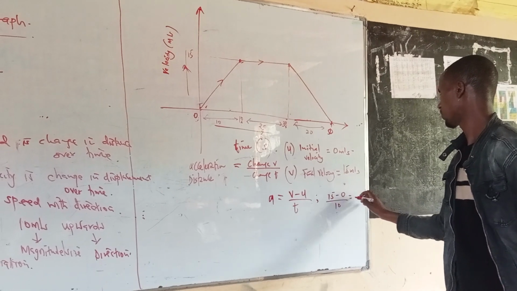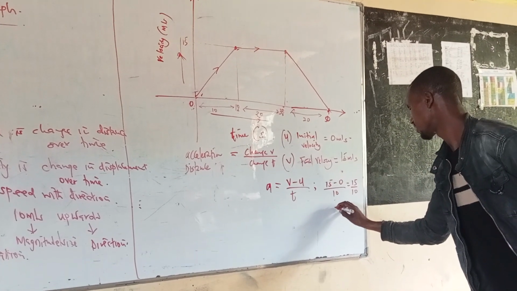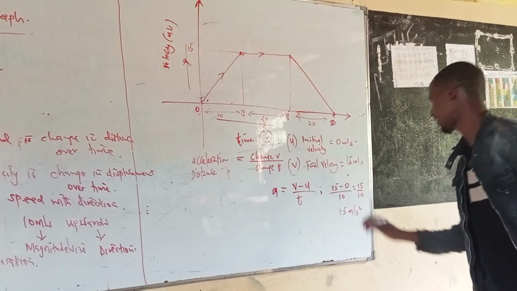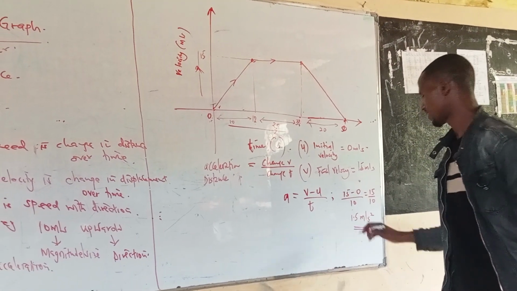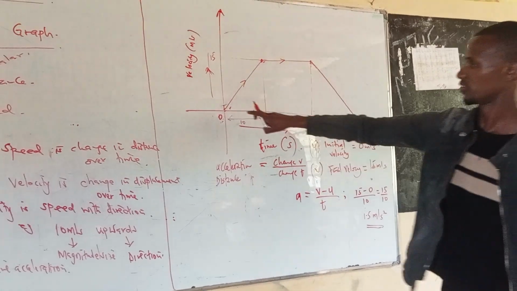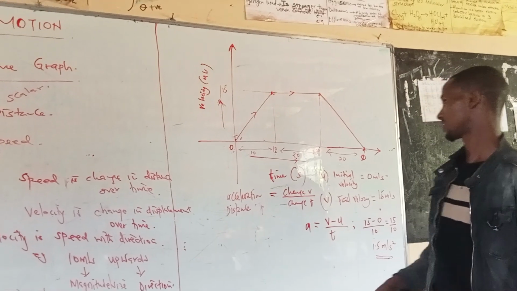So this gives us 15 over 10, which is 1.5 meters per second squared, because that is the unit of acceleration. So that is the average change in velocity.